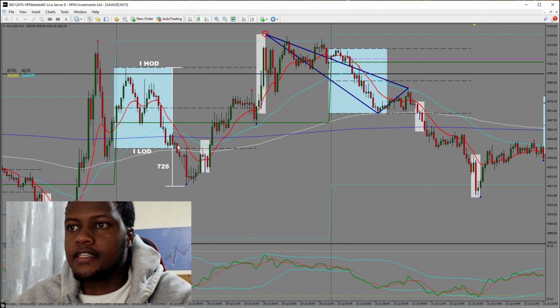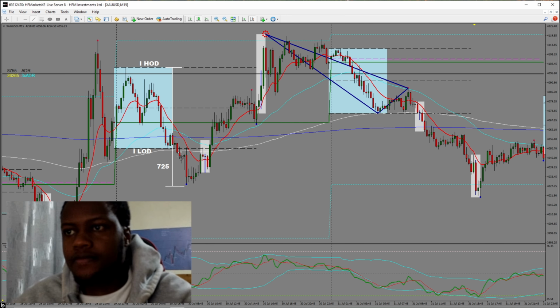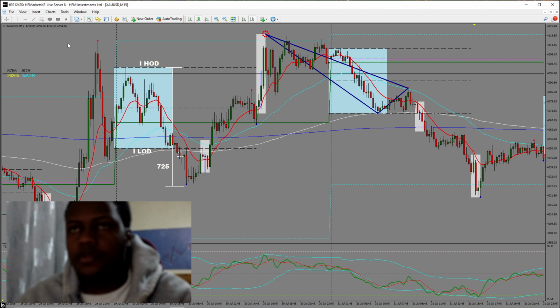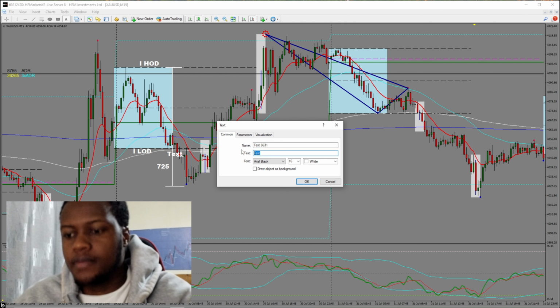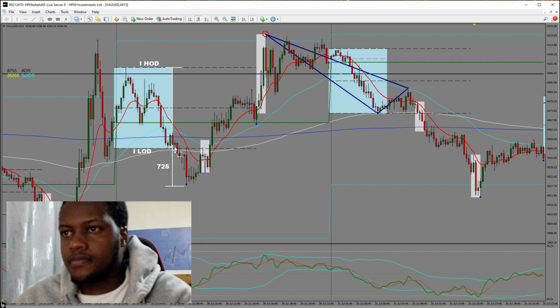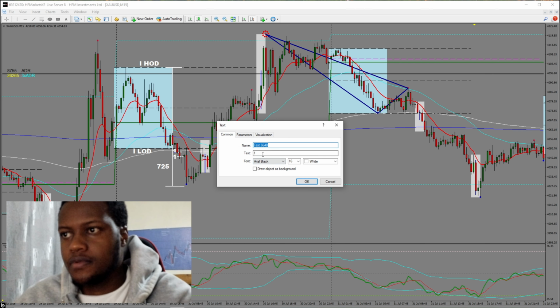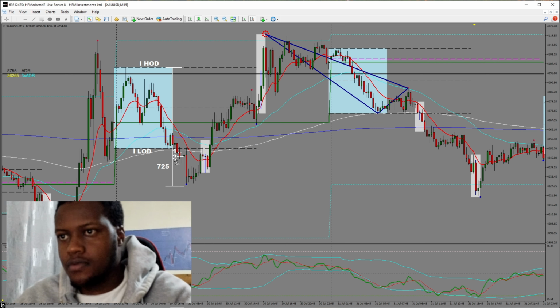Okay, now you look for the vector. You can see 1, 2, and then this very huge candle, the third one. 1, 2, 3. Let me write it. 1, 2, and then 3.